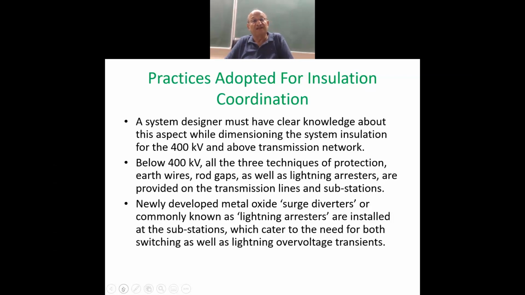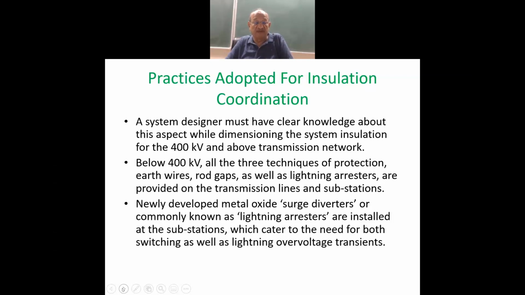That means the system designer must have good knowledge of the prevalent overvoltages in the network, the protective devices, the function of the protective devices, and the insulation level provided to the network.